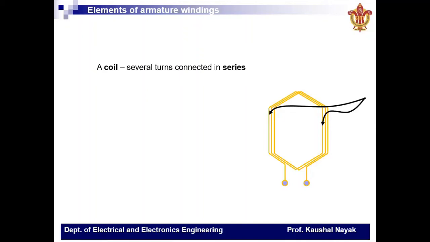A multi-turn or n-turn coil is one which has more than one turn. One coil with any number of turns has always two coil sides.